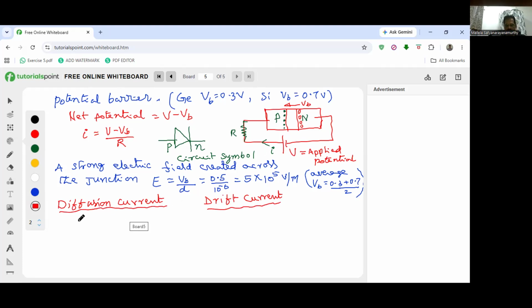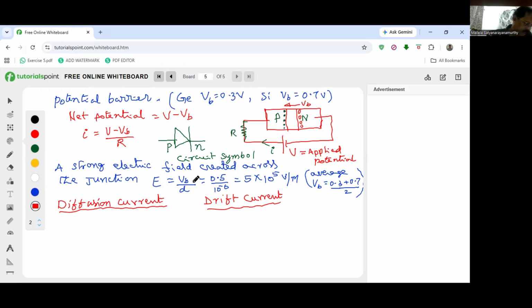Diffusion means, because of high concentration, holes are diffusing towards the N region and electrons are diffusing towards the P region. There, a diffusion current will be there.